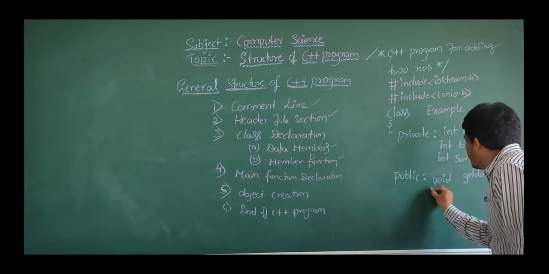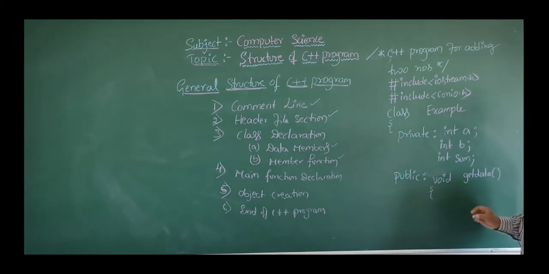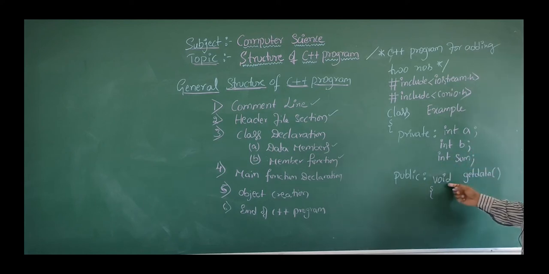Within this, for getting data, I want the A and B values to compute the sum. Therefore, for getting the data, I have written a member function by the name void getdata.